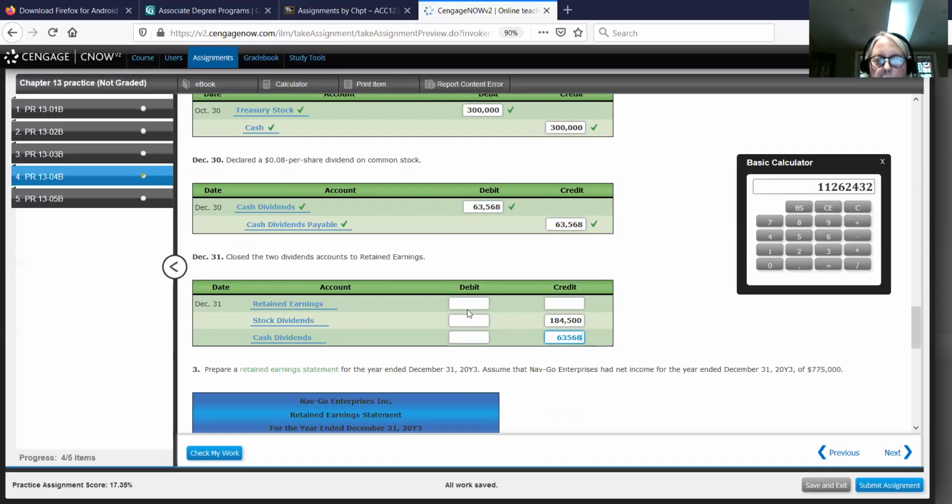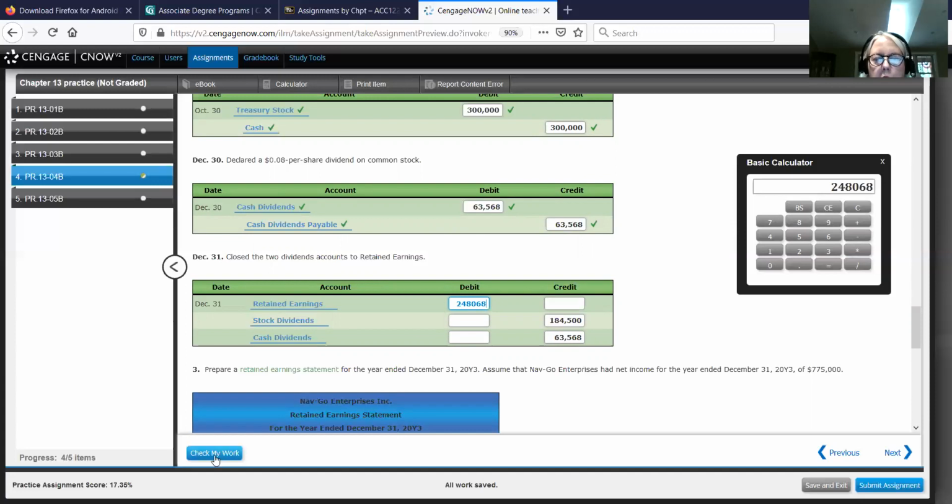Our debit is to retained earnings for the total of our dividends. So the total credits is $248,068.